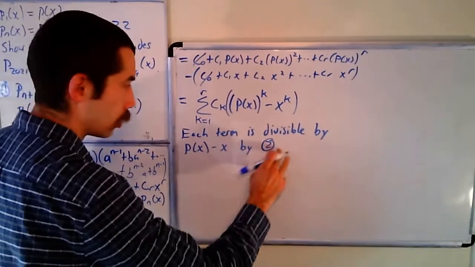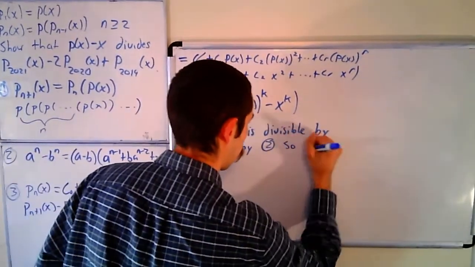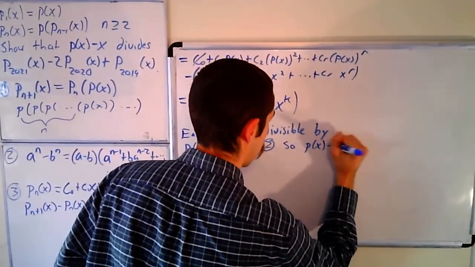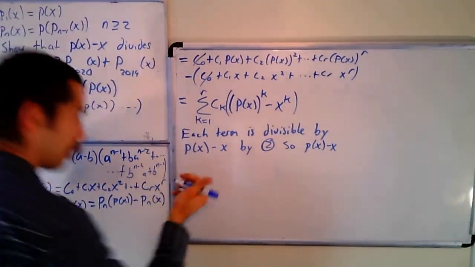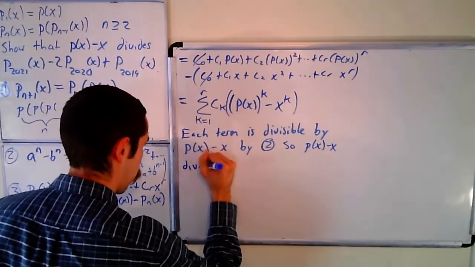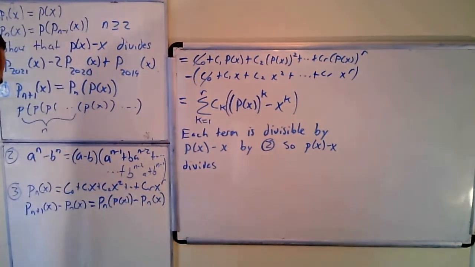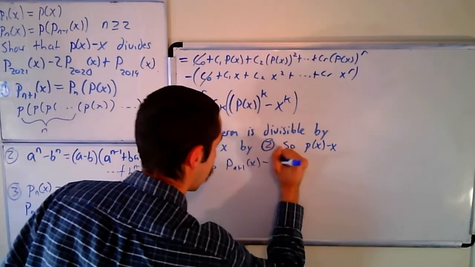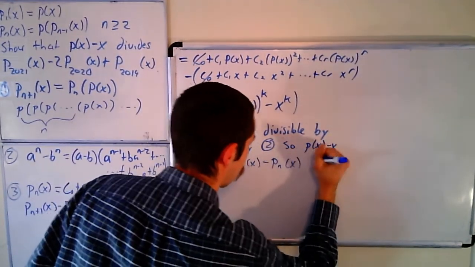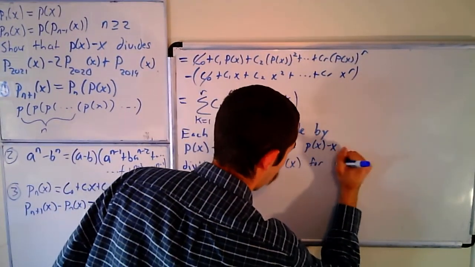Okay, so p of x minus x divides p sub n plus 1 of x minus p of n of x for all n.